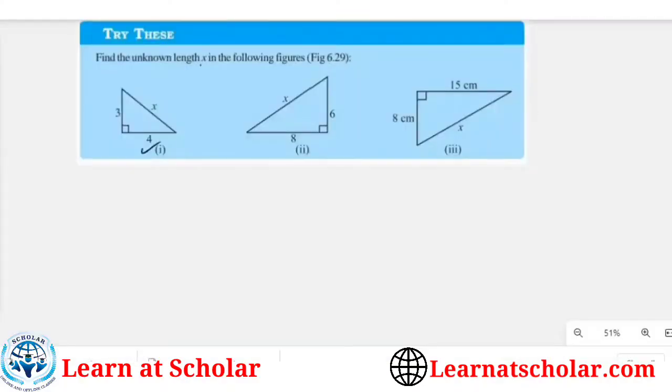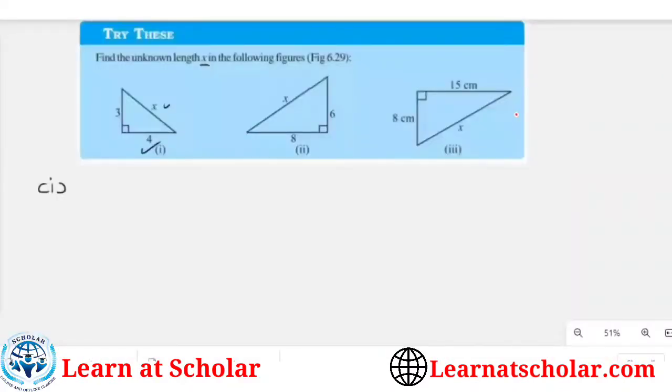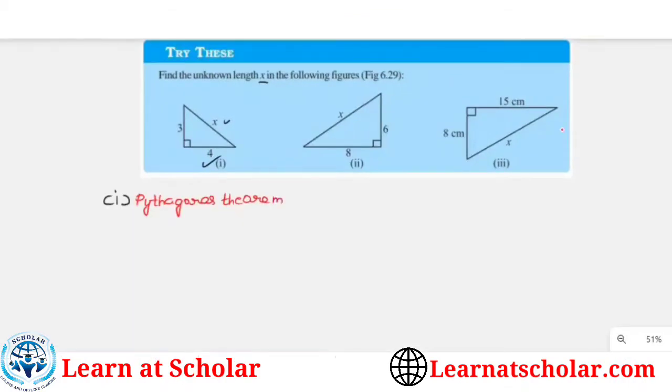Let's solve, try these. Find the unknown length x in the following figures. These are all right angle triangles, so the longest side is x, that is the hypotenuse. So we will use the Pythagoras property or Pythagoras theorem and find out the value of x, that is the length of the hypotenuse.